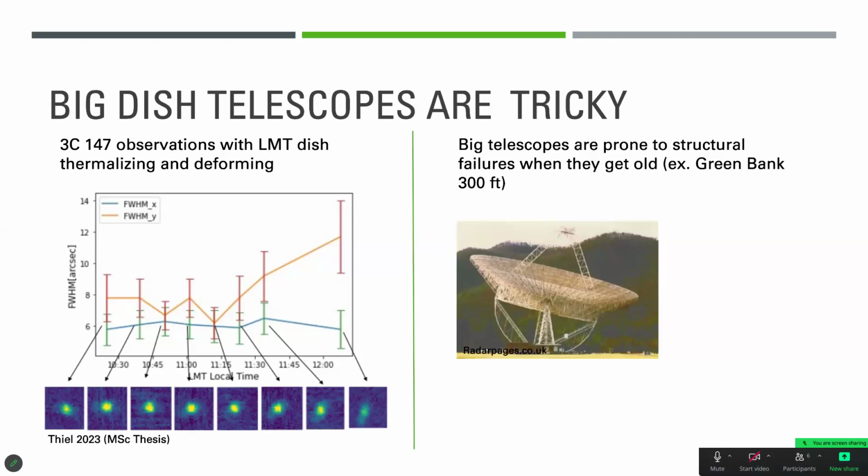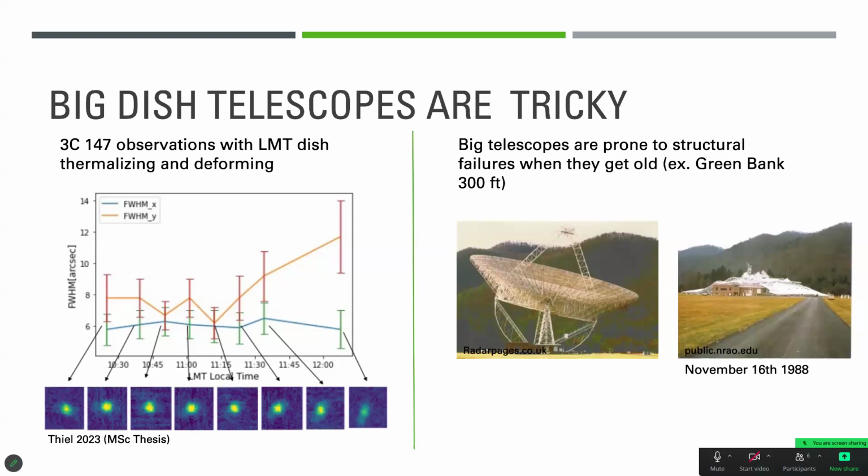Big telescopes are also prone to structural failures. One example is this 300-foot telescope, the predecessor to the Green Bank telescope. It took a lot of data. It was also part of a huge all-sky survey, where they cataloged the radio sources, and that catalog is still used today. But in November 1988, it collapsed.